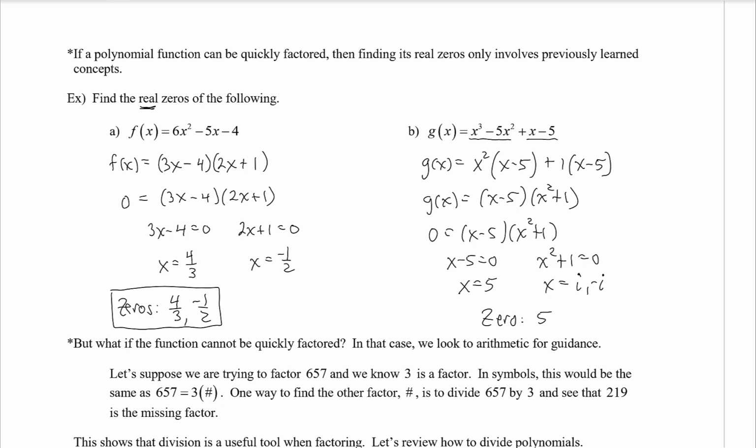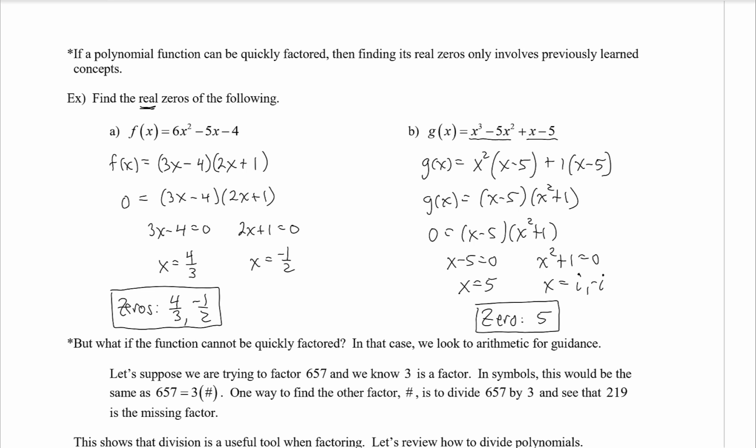It's 5, multiplicity 1. And that should not be a surprise because it's a degree 3 polynomial. With a positive leading coefficient, we know that the far left of the graph points downward and the far right of the graph points upward, headed towards positive infinity on the y-axis. So the graph has to cross the x-axis. You can't draw that without it crossing the x-axis.